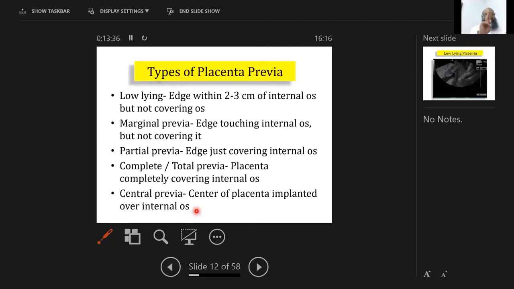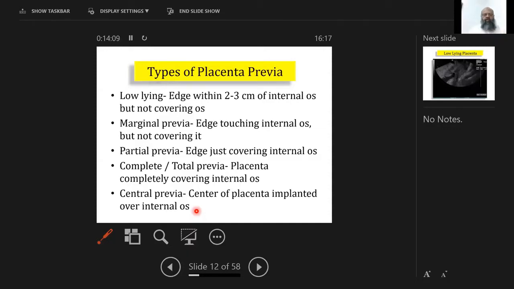I usually give an example like this: if this is the internal os and here is the placenta, and the center of the placenta is at the internal os, then it is central. That is a central complete placenta previa. Then there is placenta previa which is acentral, which, although it is complete previa, has the center of the placenta not at the internal os.